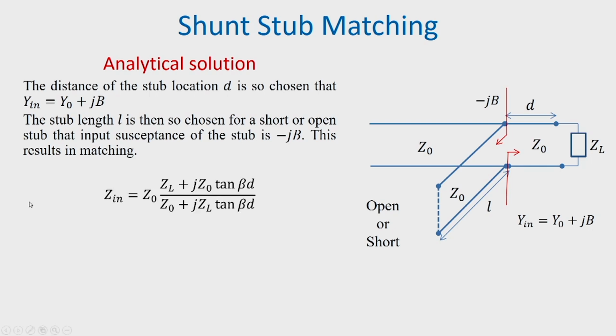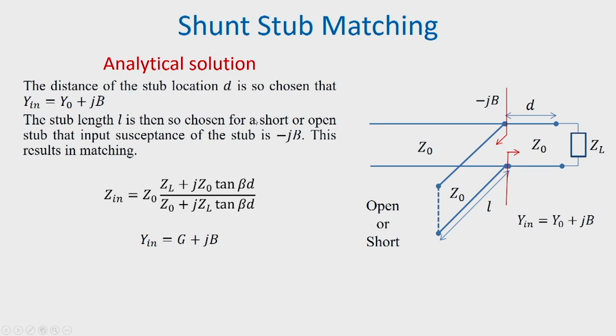So, we know that Z in is given by Z naught, (ZL plus jZ naught tan beta d) divided by (Z naught plus jZL tan beta d), and with this we develop the analytical solution. So, we can write y in equal to 1 by Z in, which will be G plus jB.